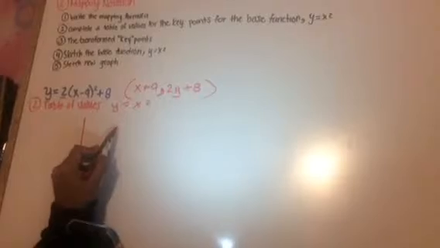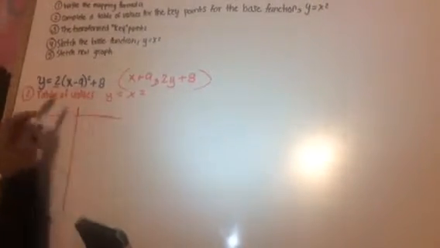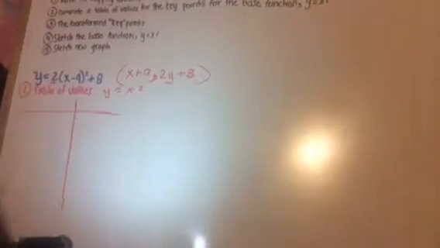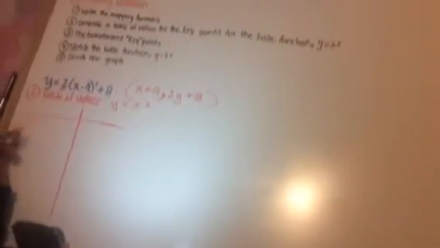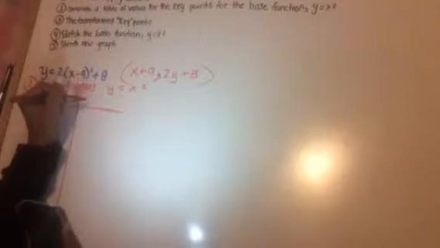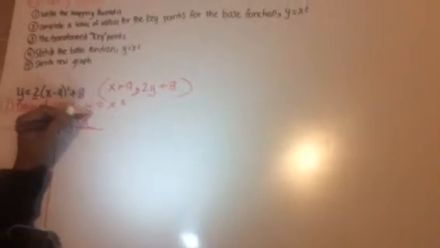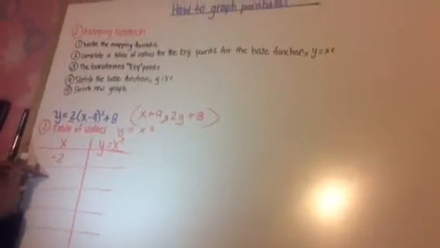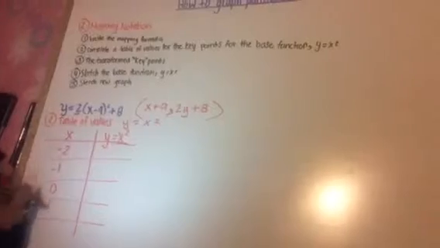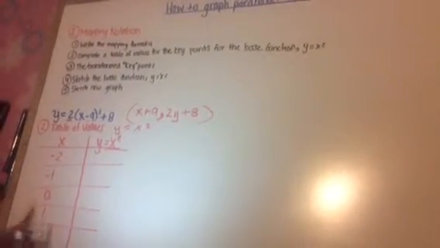We don't really have to use the mapping formula for the table of values to sketch the base parabola of y equals x squared. We can use any x values, which will be -2, -1, 0, 1, and 2.